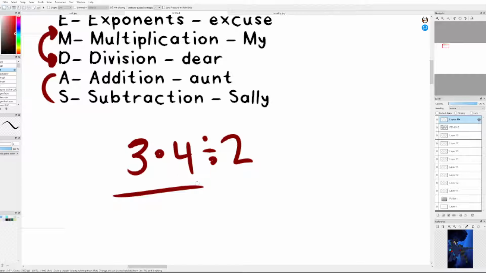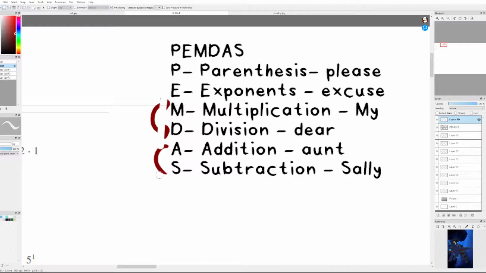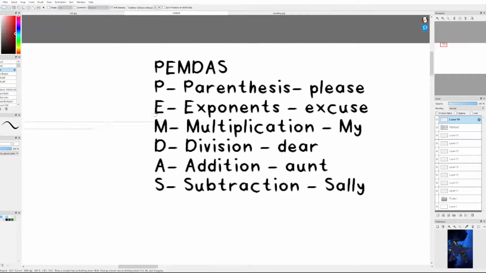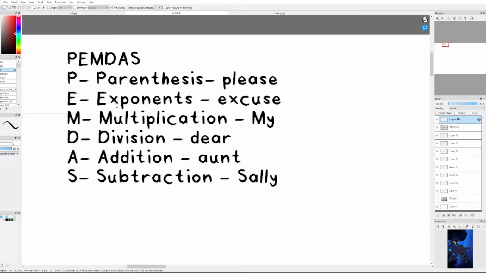You just want to read it from left to right. Same for addition and subtraction. And then, like I've said, the parentheses really is about grouping.